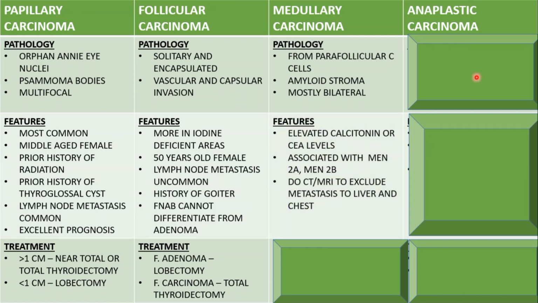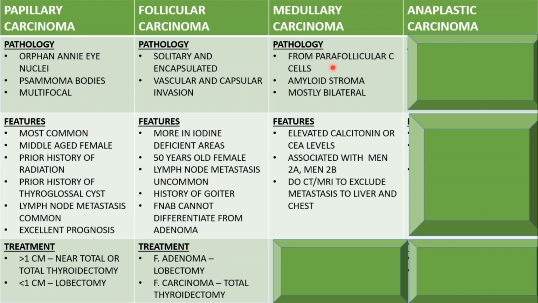For the features, we know that the parafollicular cell produces calcitonin. So when a tumor arises from parafollicular cells, there will be elevated calcitonin or CEA levels.